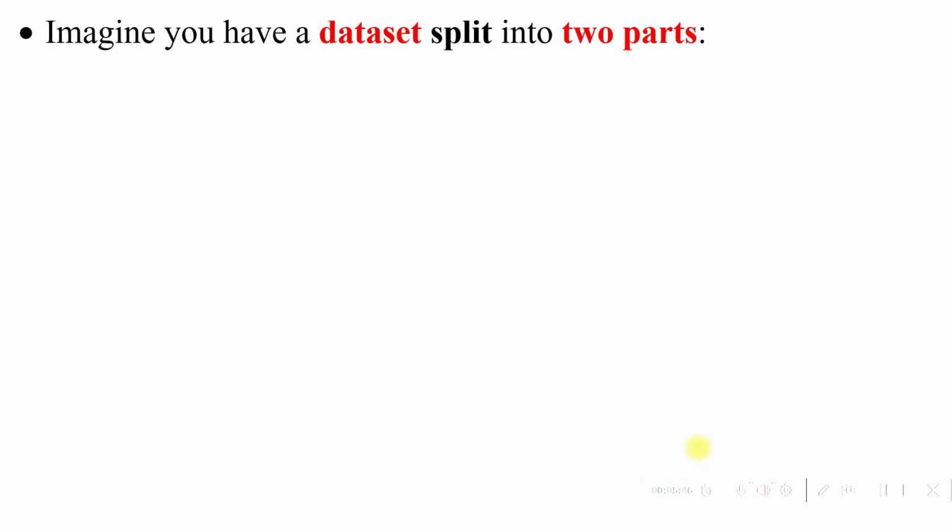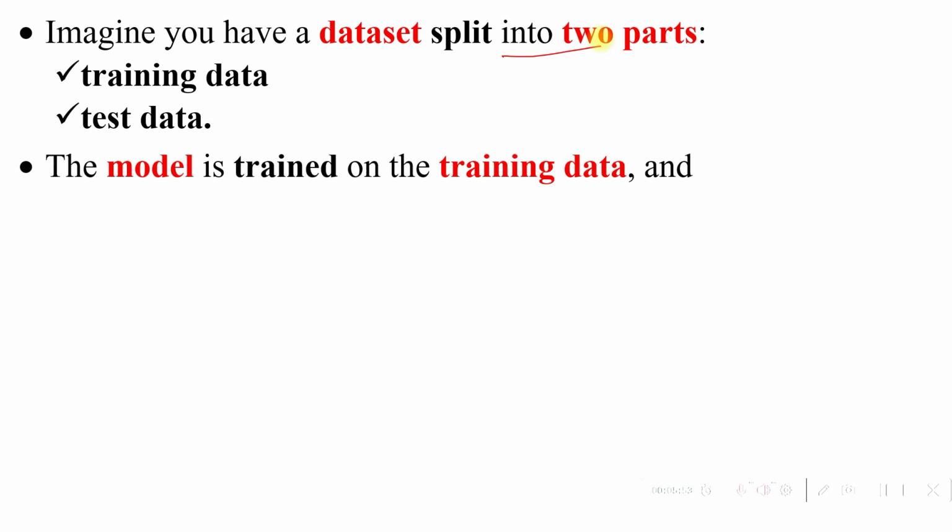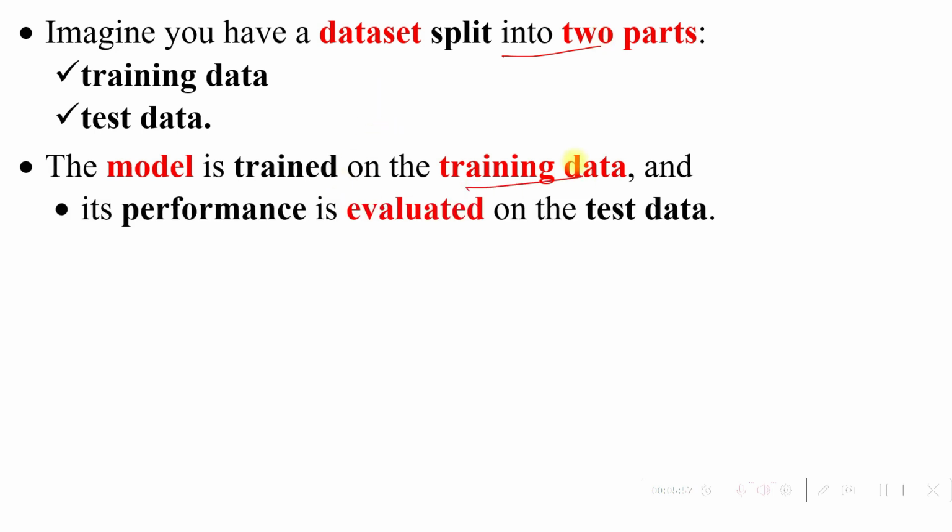Imagine we have a data set split into two parts, the training data and test data. The model is trained on the training data, and its performance is evaluated on the test data.